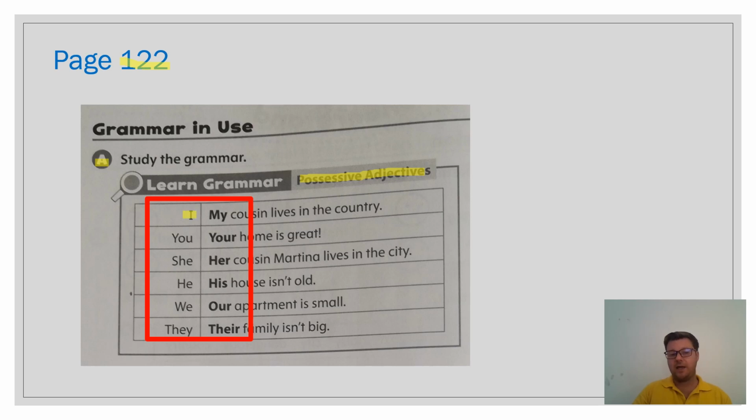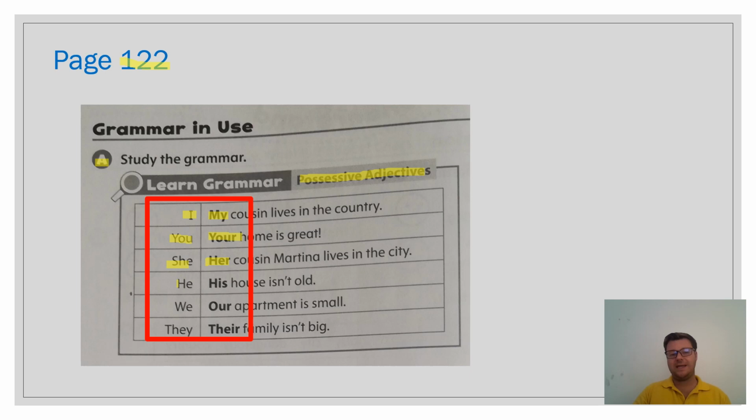Pronoun I, possessive adjective my. Pronoun you, possessive adjective your. Pronoun she, possessive adjective her.